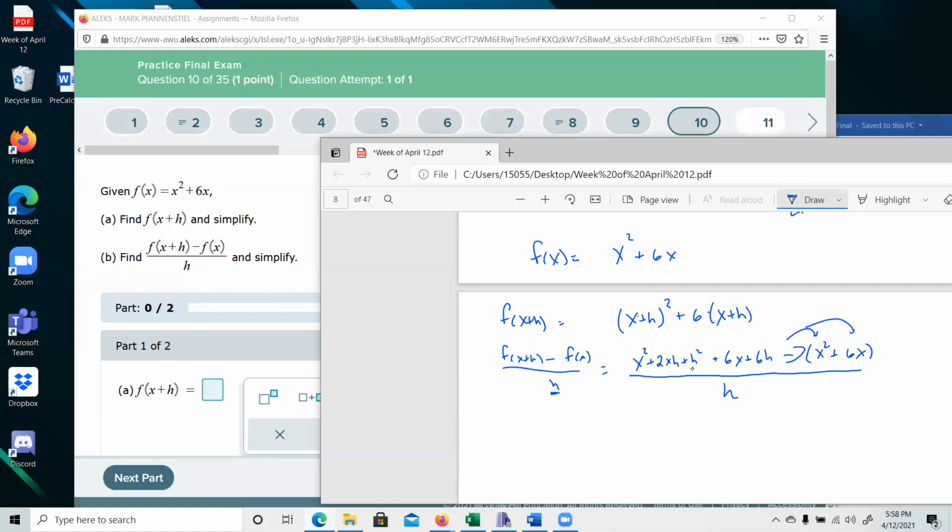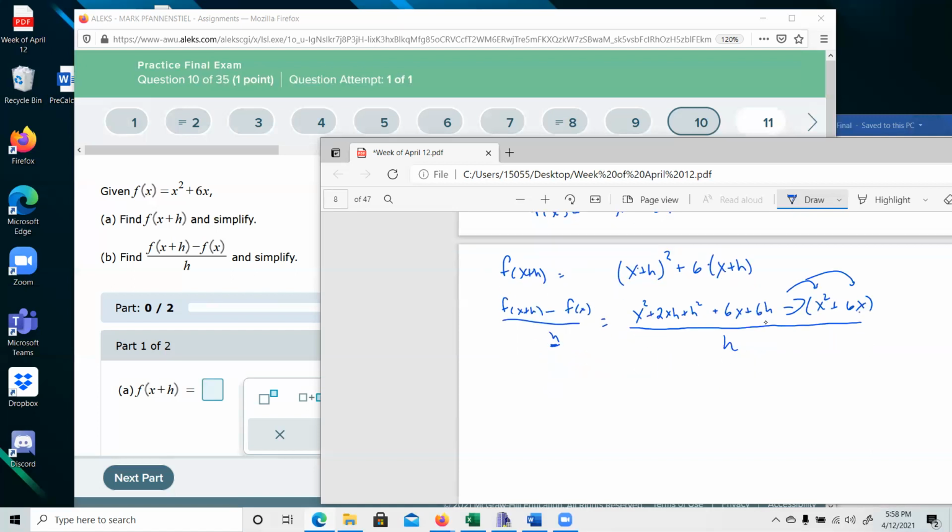If you got this far, this is your next mistake. You got this one, and then you fail to get this one. So that is your next big mistake. So this is going to be x squared plus 2xh plus h squared plus 6x plus 6h minus x squared minus 6x, all divided by h.